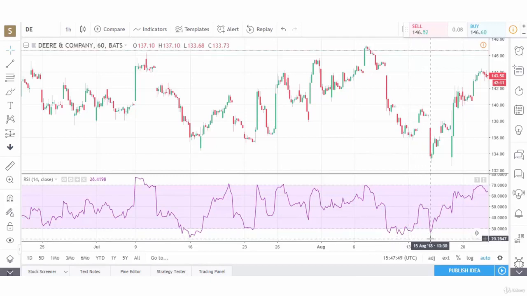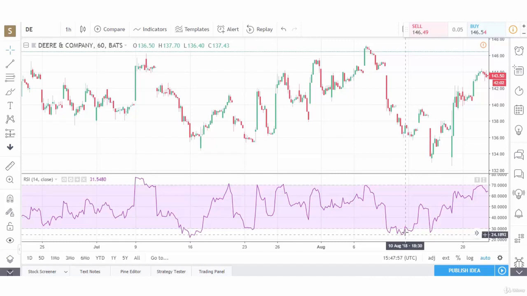The indicator isn't dropping as much as the stock, which is lower. So the indicator, the RSI, is lower here when the stock is at 136, and then turns up and it's higher when the stock is down at 134. So that would be a more bullish indicator than just the RSI signal by itself, but taking a couple of signals together. And then we get a nice move up in the stock after this signal.